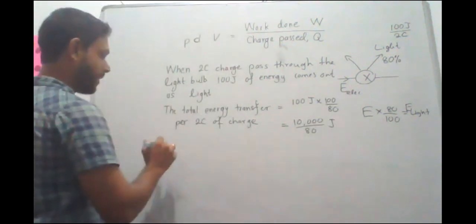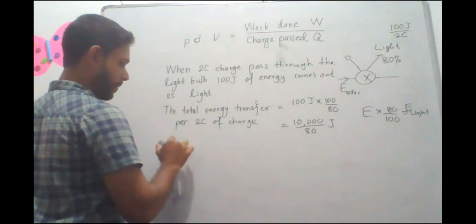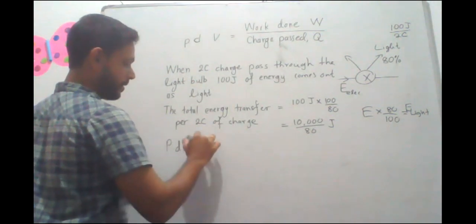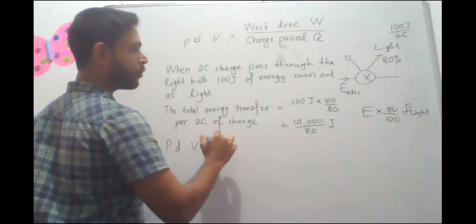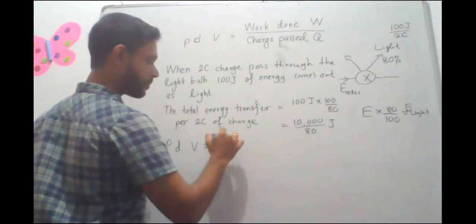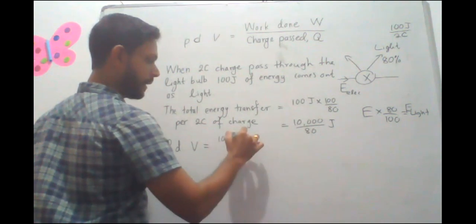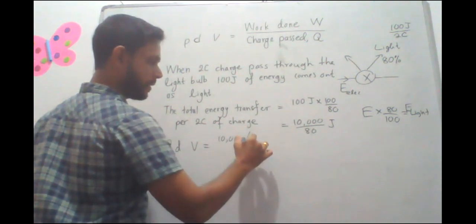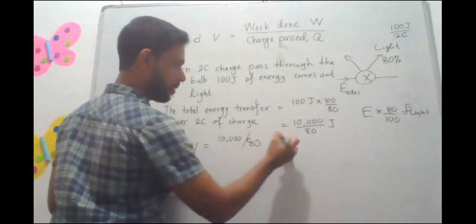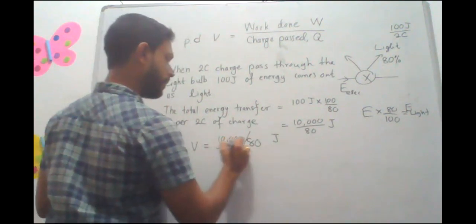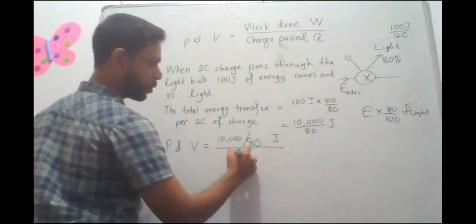Then you can take PD is equal to total work done. Total work done should be this much: 10,000 divided by 80 joules, divided by 2 coulomb.